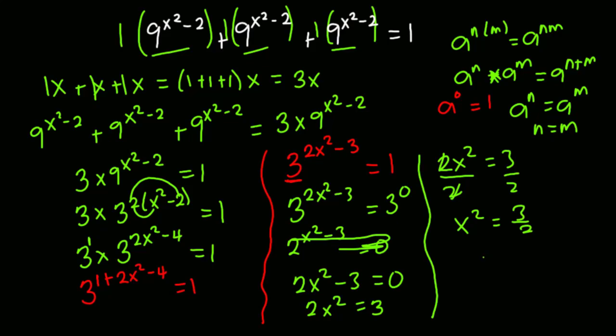And so I'm going to find the square root of both sides. So the square root of x squared is equal to the square root of 3 on 2. But let's remember that this is plus or minus the square root of 3 on 2. So x gives us plus or minus the square root of 3 on 2.